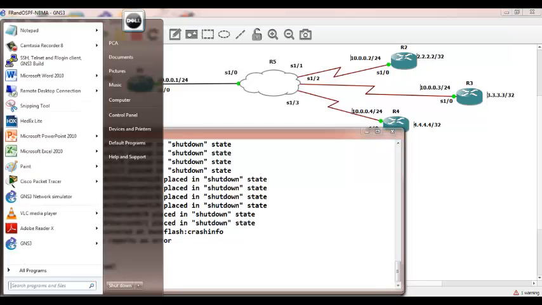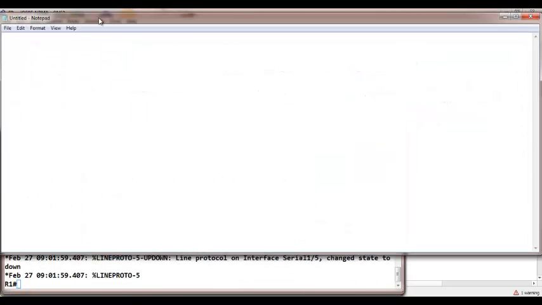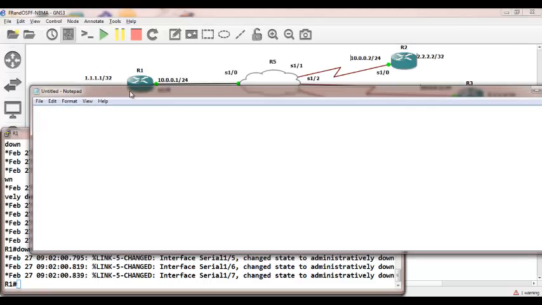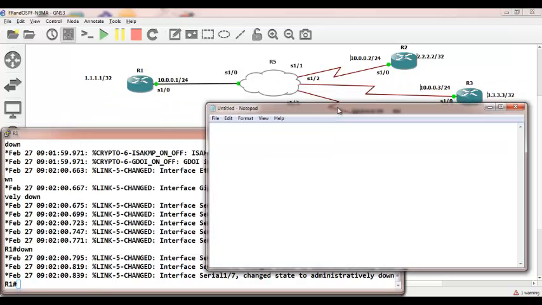Now allow me to use a notepad to configure the routers so that we will finish it fast. This is going to be a template for all the routers.